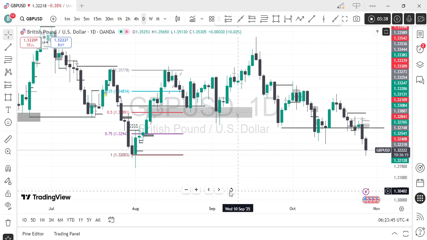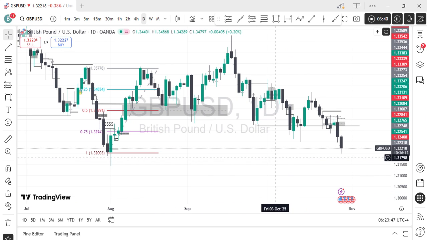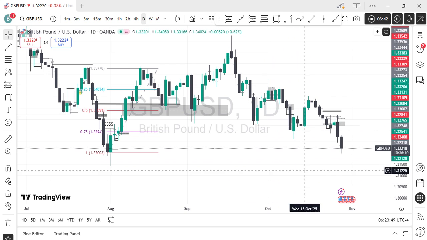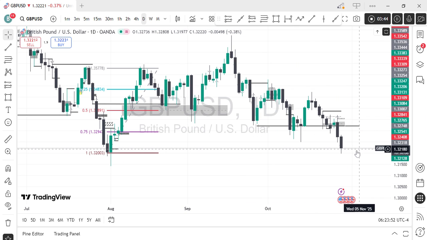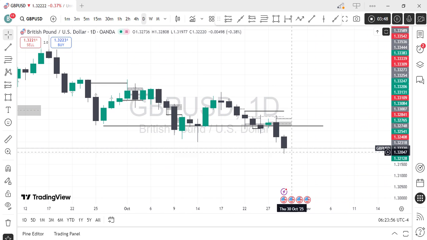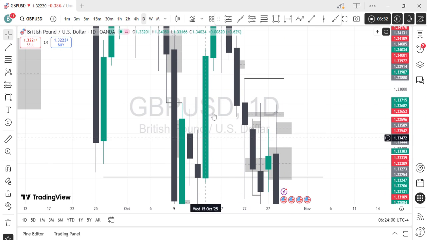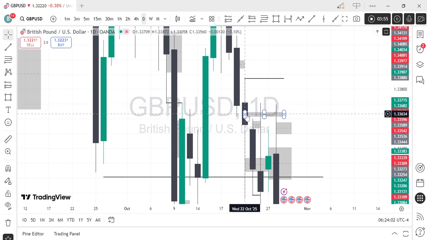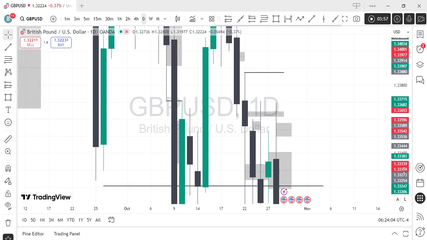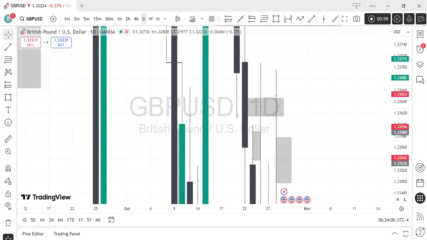That's how you use the fair value gap to identify the market structure shift and the bias. You can use it to find the bias. As you can see here, today I was bearish. Why? Because the market traded to a fair value gap. It was a very small fair value gap.